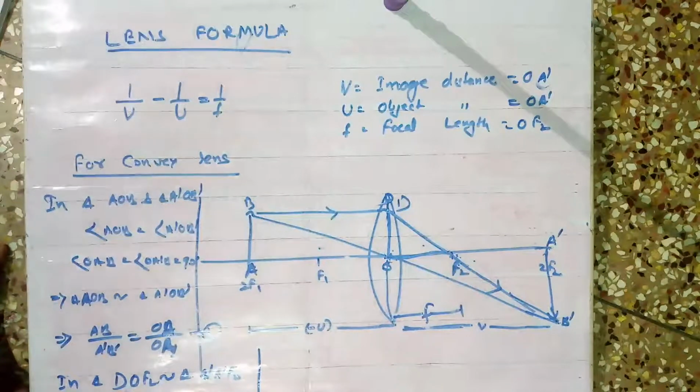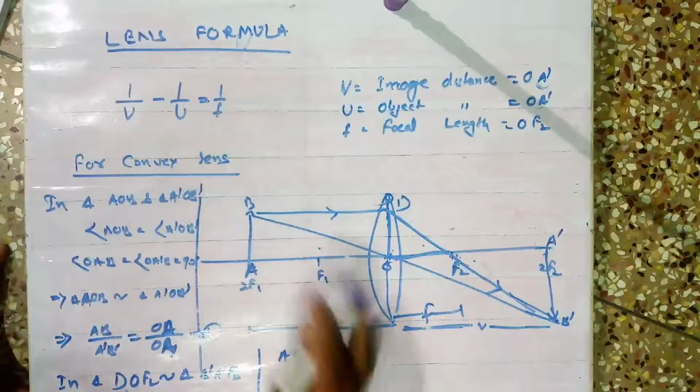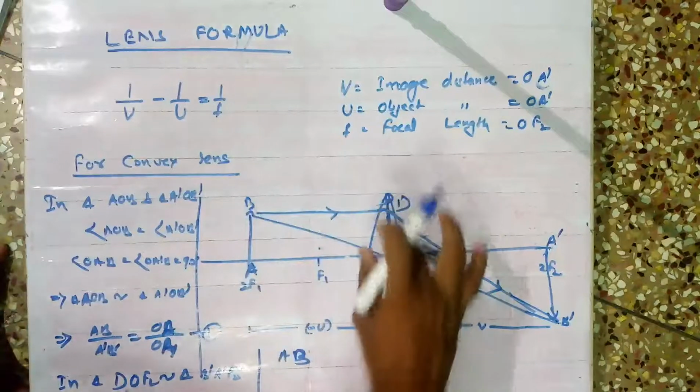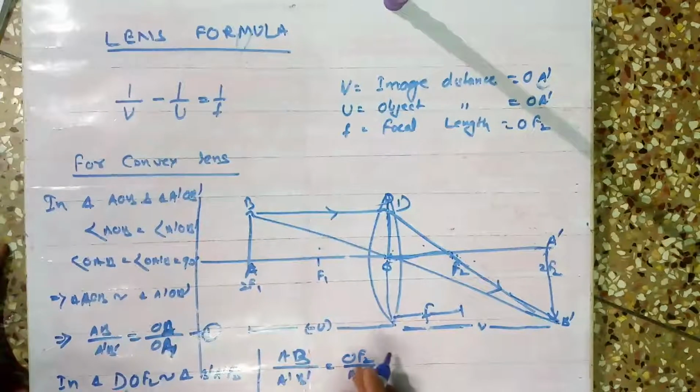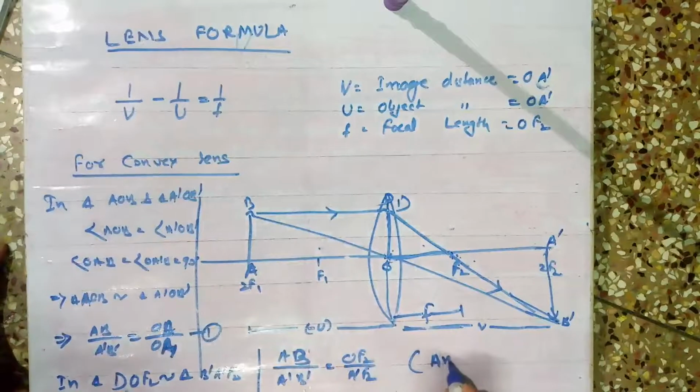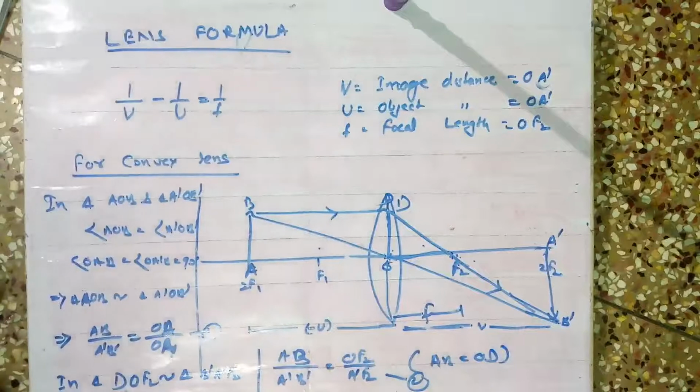I am writing here, from here to here. OD is equal to AB, can I write or not? AB by A prime B prime is equal to OF2 by A prime F2. Clear? Reason: AB is equal to OD. This is equation 2. Clear?